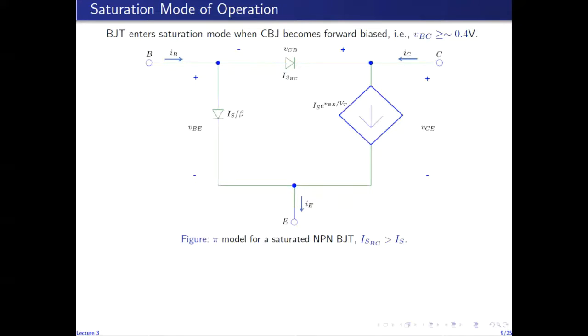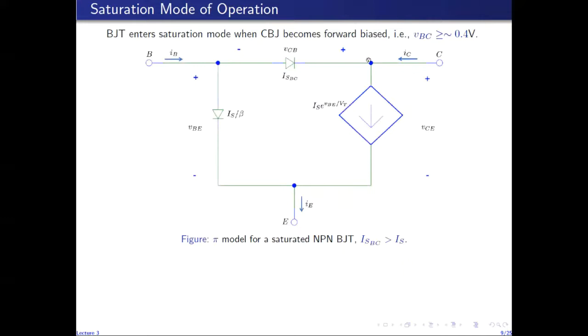And since the collector-base junction has a much larger cross-sectional area than the emitter-base junction, this forward biased diode modeling the forward biased collector-base junction has a different scale current than IS. IS was the scale current corresponding to the emitter-base junction, but IS subscript BC is the scale current corresponding to the collector-base junction, because the collector-base junction has significantly larger area than the emitter-base junction. So IS-BC will be larger than IS.